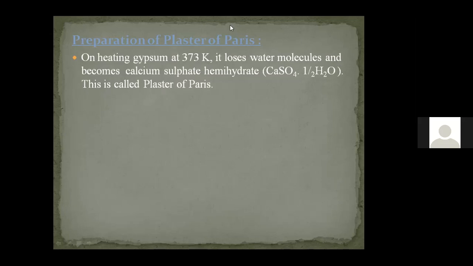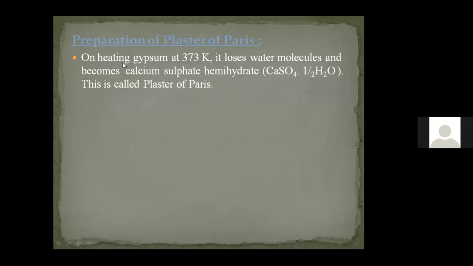Ca is calcium, sulfate is SO4. So calcium sulfate is CaSO4 dihydrate. Dihydrate means there will be two water molecules.